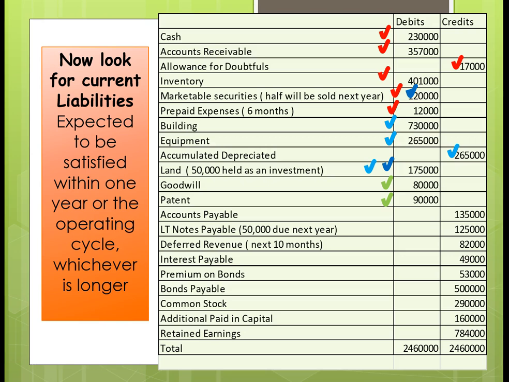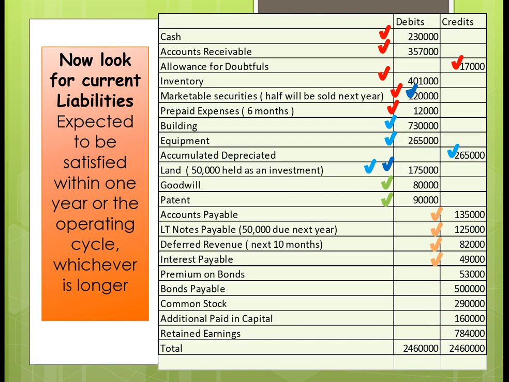Now we're going to look at our current liabilities. These are expected to be satisfied within 1 year or the operating cycle, whichever is longer. So we've got accounts payable. We've got $50,000 of this $125,000 note that's due this year. We have some deferred revenue.